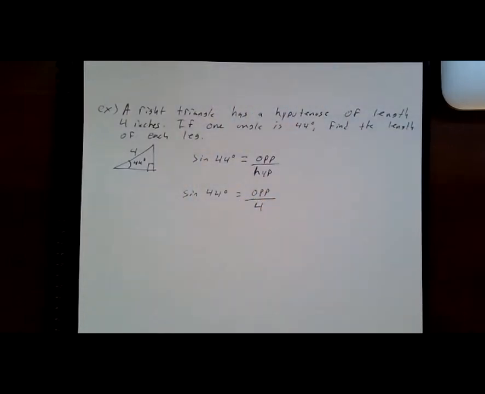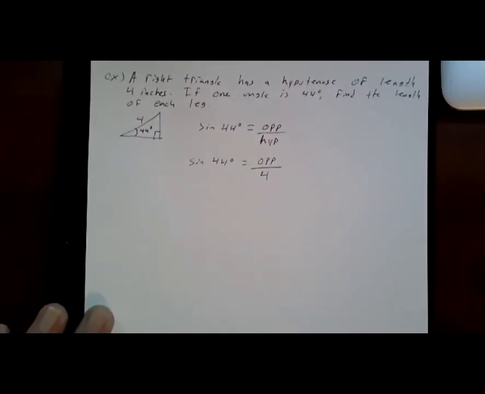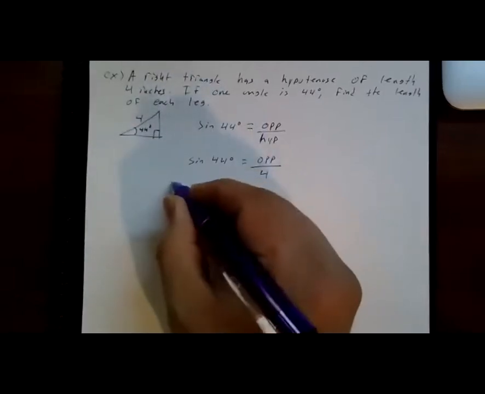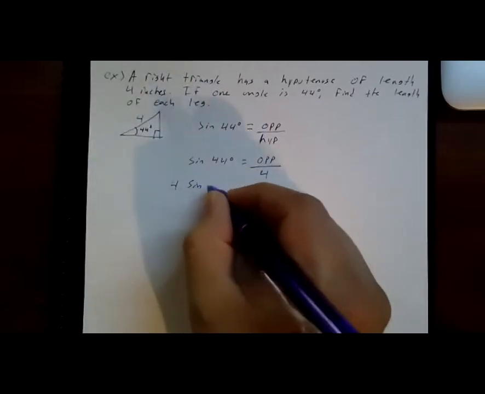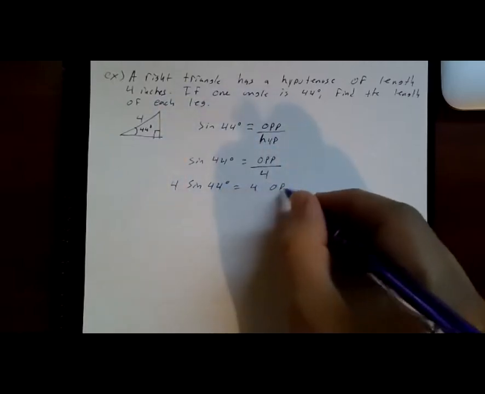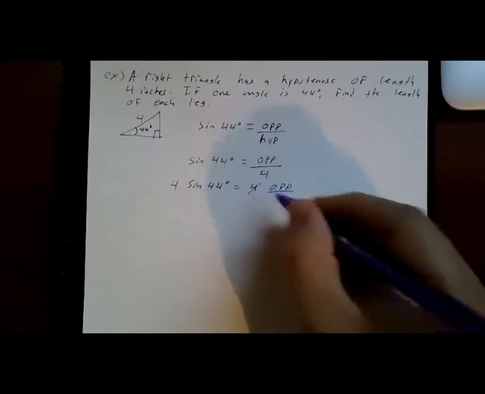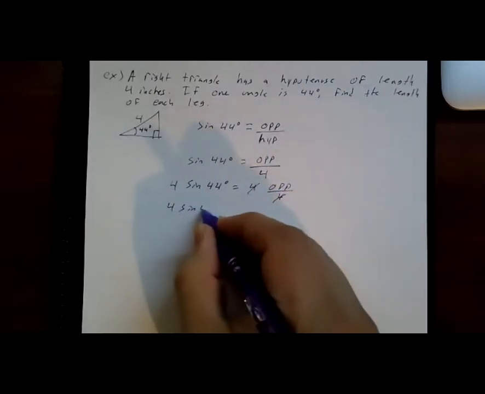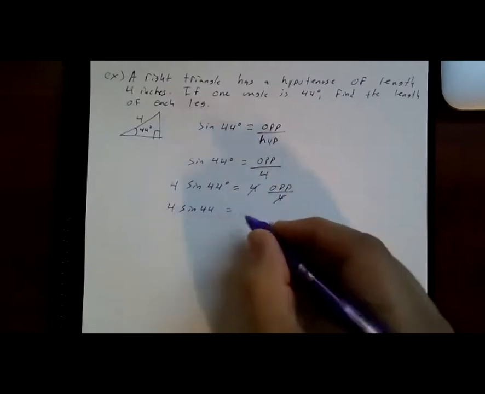So you can solve for opposite, right? See what I mean? So isolate opposite, or you can call it x, doesn't matter. Multiply both sides by 4 to cancel that fraction. So these will cancel. So now I know that 4 sine 44 is equal to the opposite side.